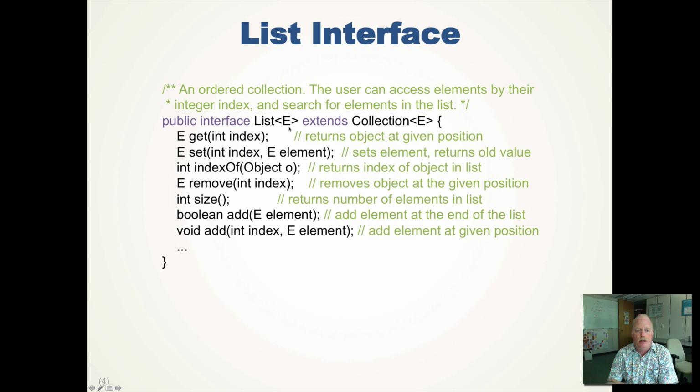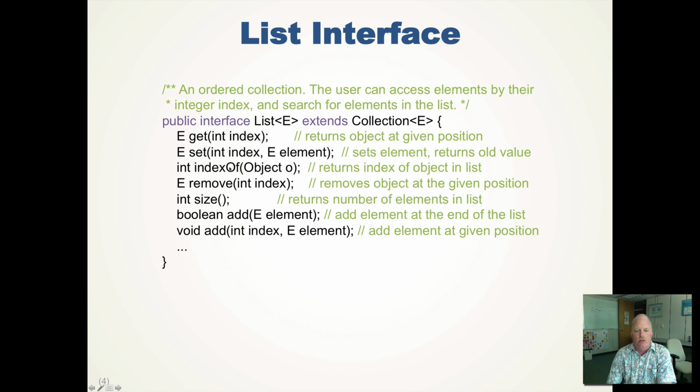So you can get an item in the list at a given index, and it returns the item, whose type will be set when you create the new list. You could set the item at an index to a new element, so that changes the value of the item in the list at that index to the new element, and the old element is returned so you know what was there.